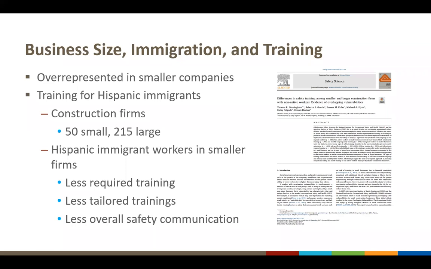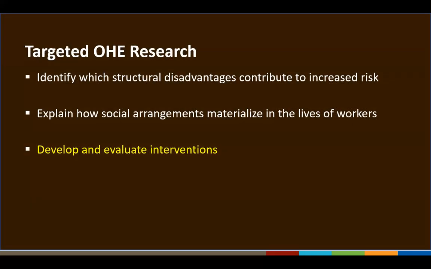And what we found is that Hispanic immigrant workers in smaller companies received less required training, they received access to less tailored trainings, and less overall safety communication than Hispanic immigrant workers in larger companies. And so here we see this sense of an intersectional or multidimensional approach to health inequities for these workers, and how these arrangements manifest themselves in the lives of workers.